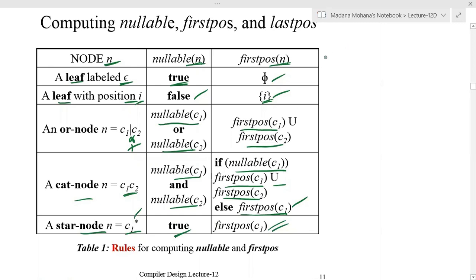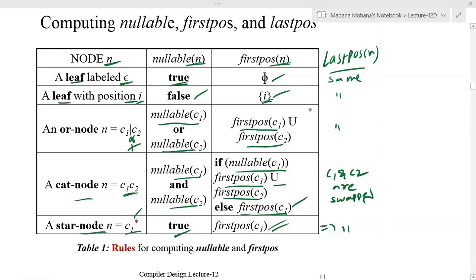Last position is also the same, except for the cat node, where C1 and C2 are swapped. The remaining are all the same as first position. That is why we are not separately mentioning last position values here.